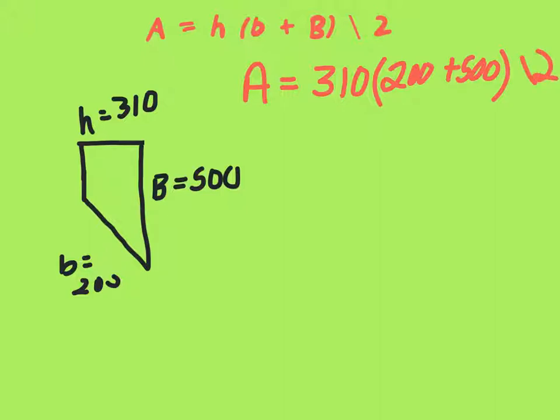Now you need to do parentheses first. So 200 plus 500, that's going to be 700. That's just what's in the parentheses. Here's where I have multiplication and division. So 310 times 700 and divide that by 2. 310 times 700, I'm going to use my calculator, I'll tell you that right now.